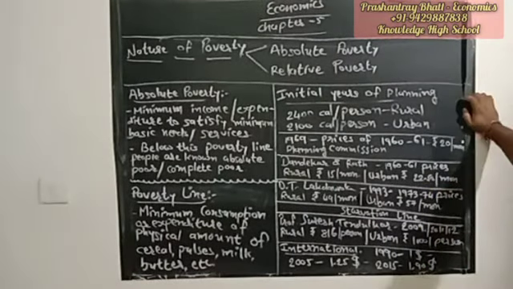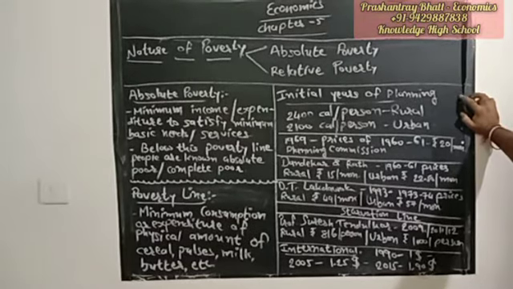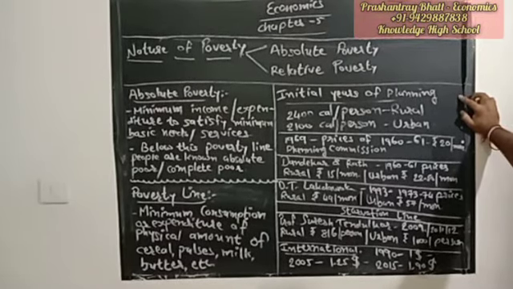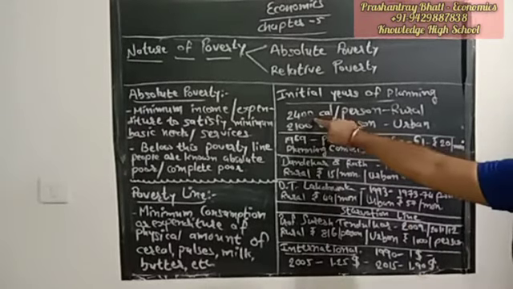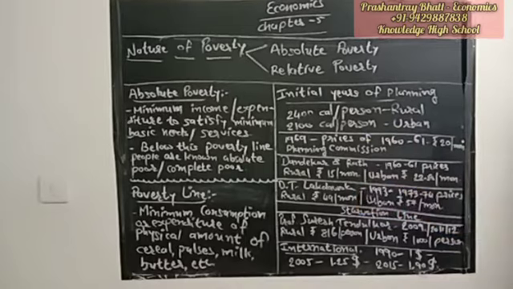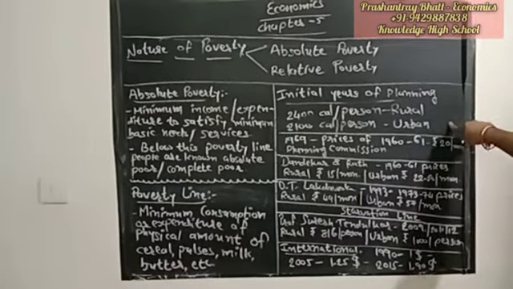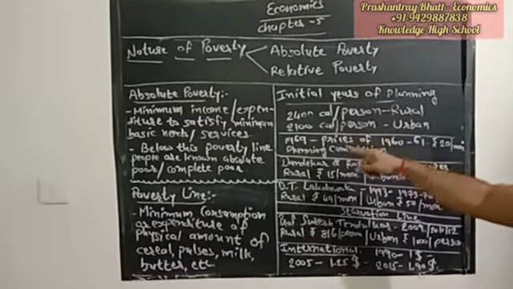In the initial years of planning, when planning began in India, it was decided that a person in a rural area needs 2400 calories per person per day, and in an urban area a person needs 2100 calories per person.